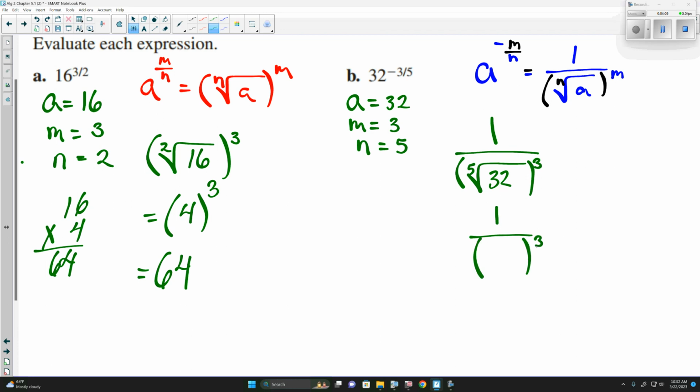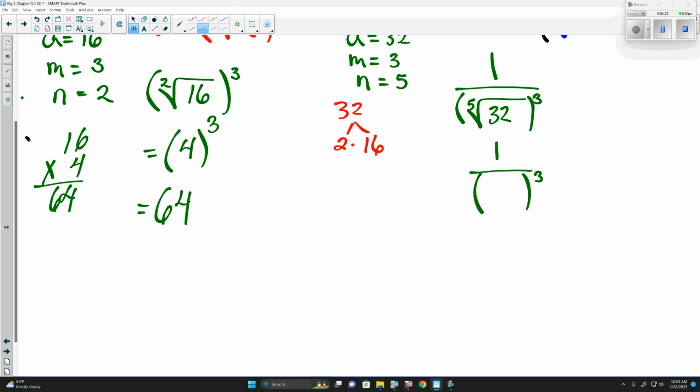Now the first thing we need to do is take the 5th root of 32. If we did this by hand, we can do the factor tree. Start off with 2 times 16 and break this down from here, because 16 is 2 times 8. 8, guys, is 2 times 4, and 4 is 2 times 2.